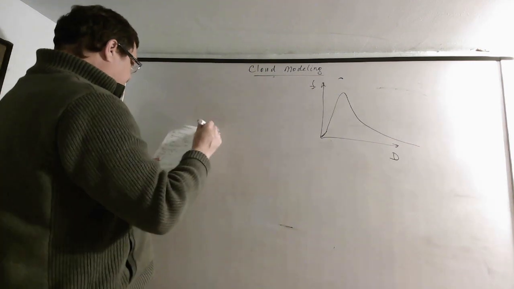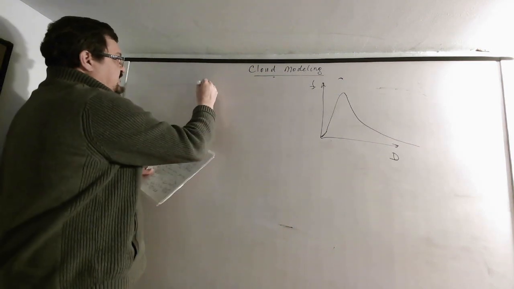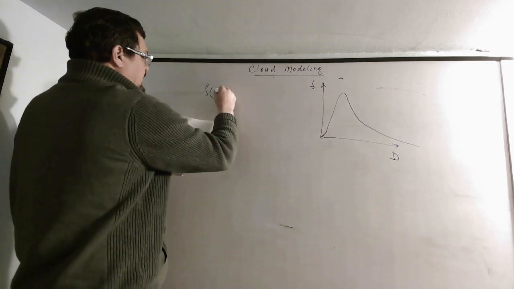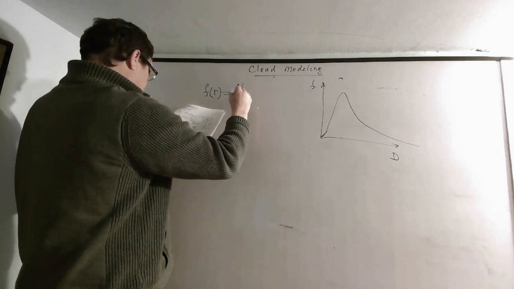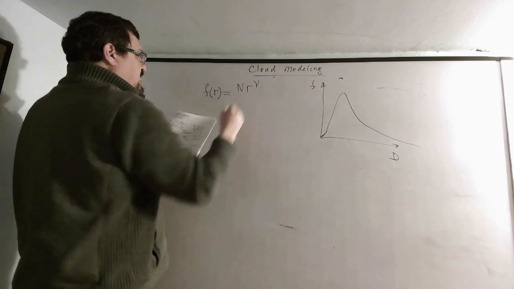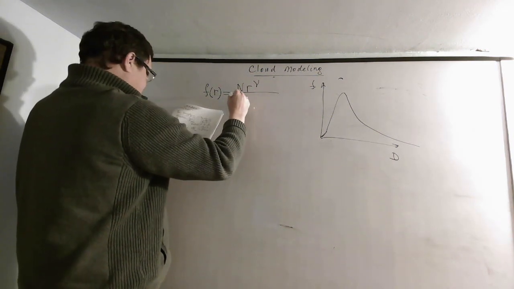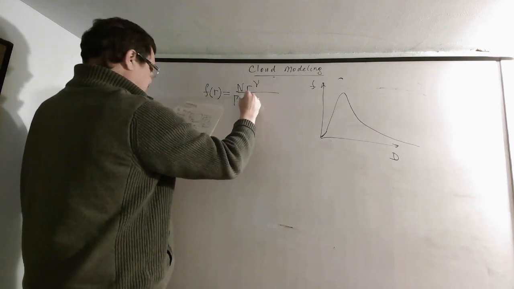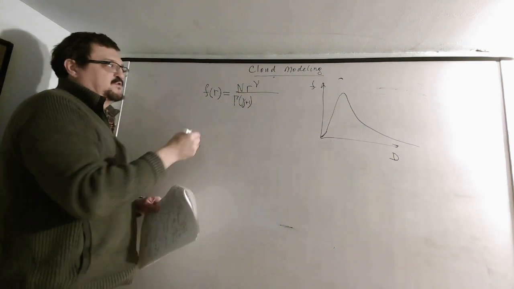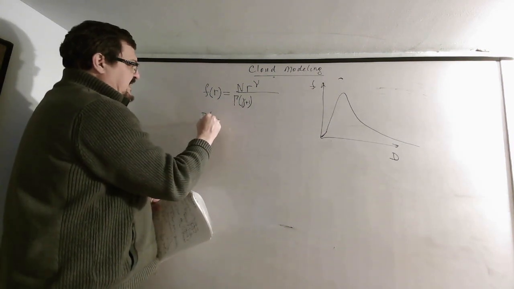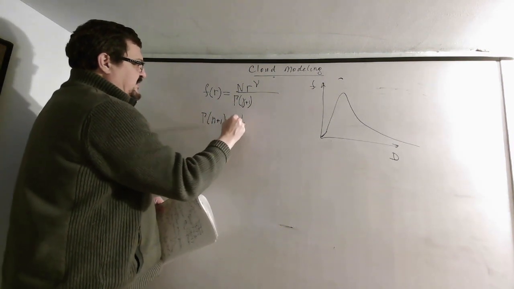And it's generally written as f of radius, function of radius, equals to n r to the power of gamma divided by gamma function of gamma plus 1. And you know what, gamma function for integer gamma is just factorial. So gamma of n plus 1 equals n factorial.